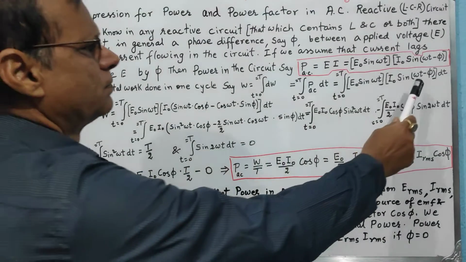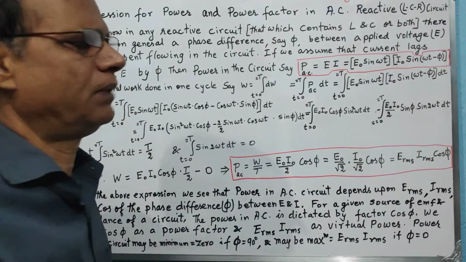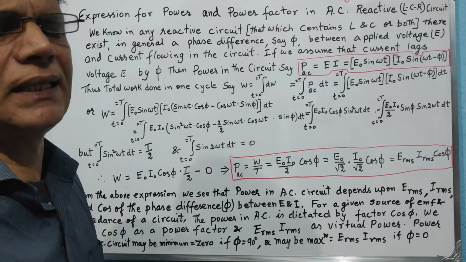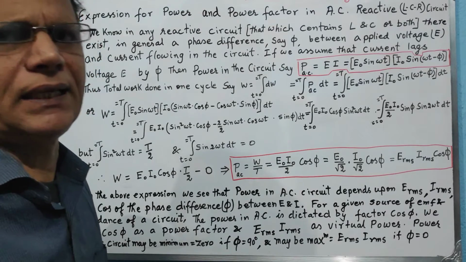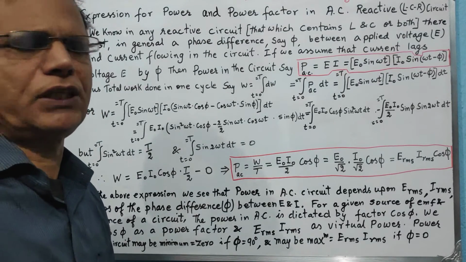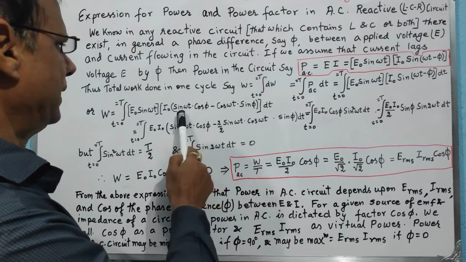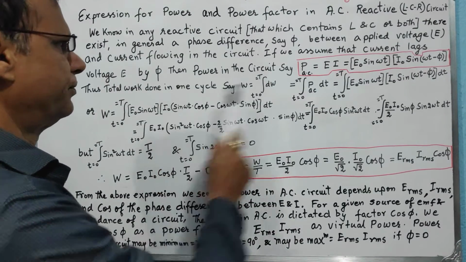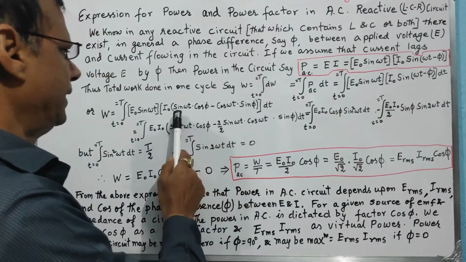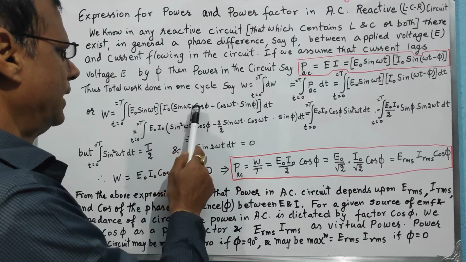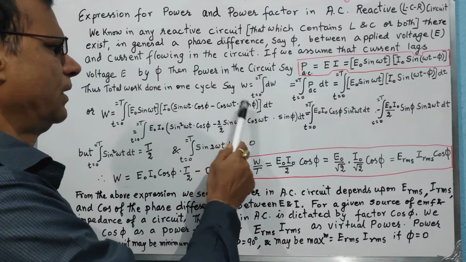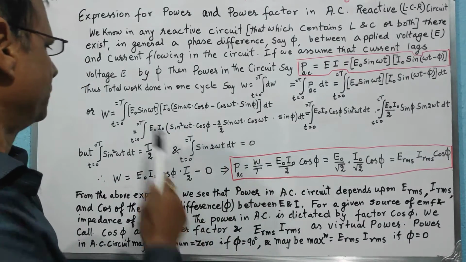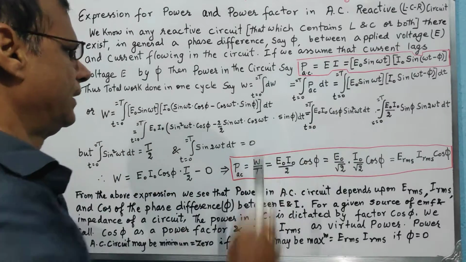If you expand the term sin(omega t minus phi) using the relation sin(A minus B) equal to sin A cos B minus cos A sin B, we get sin(omega t minus phi) equal to sin omega t cos phi minus cos omega t sin phi, and dt was already there, E0 sin omega t was already there.